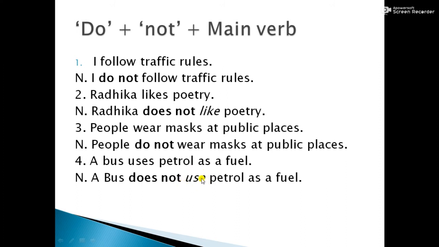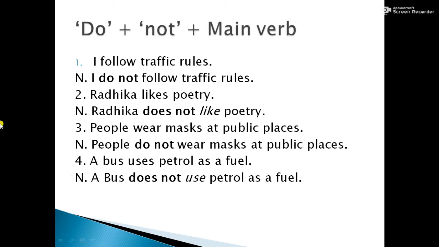The original form of the verb use has been used here because does already functions for the simple present tense. So, a bus uses petrol as a fuel. A bus does not use petrol as a fuel.